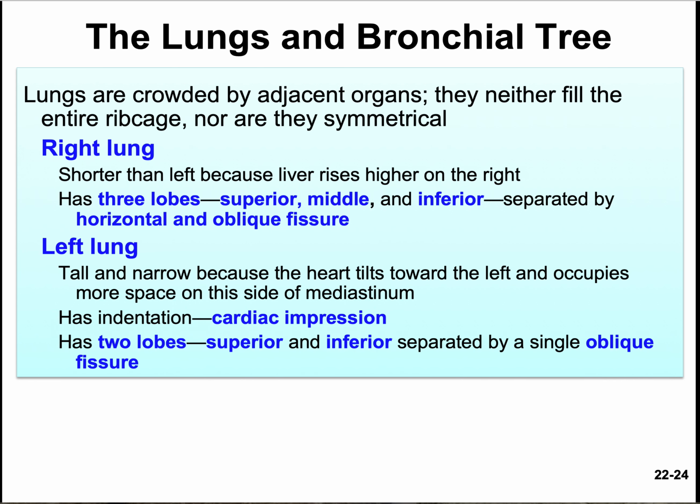So some basic things here. Right lung, 3 lobes. Left lung, 2. Why 2 on the left? We think that's because the heart's a bit more on the left side. The heart tilts towards the left, says right here, and occupies more space on this side of the mediastinum.